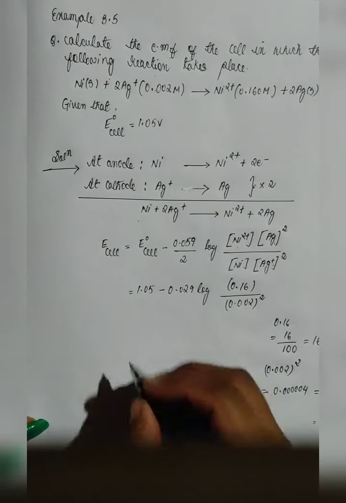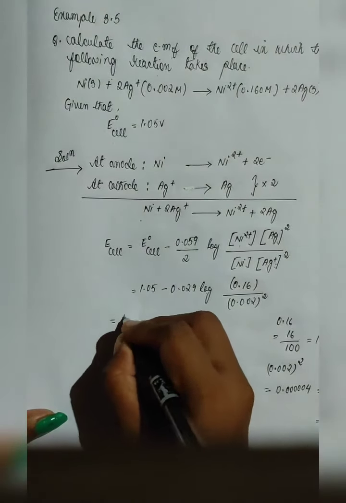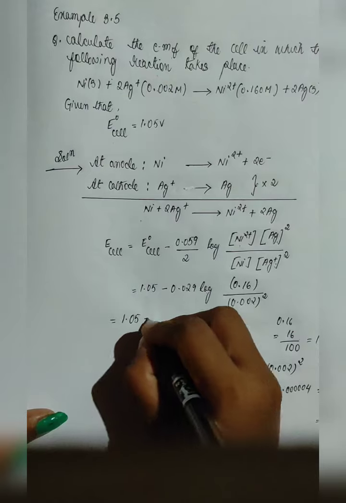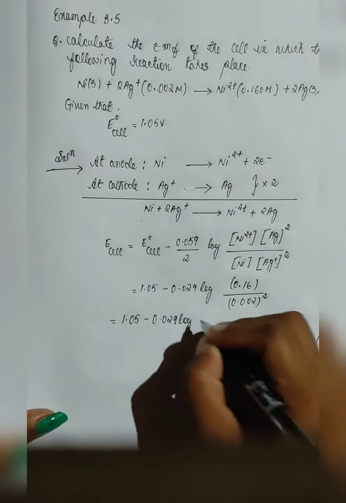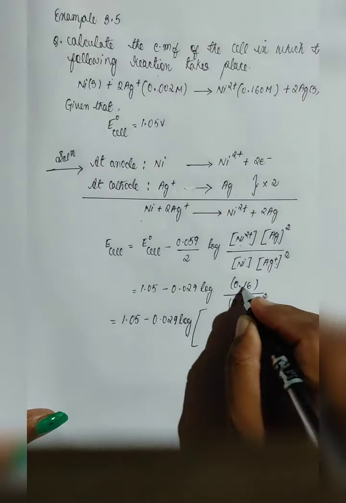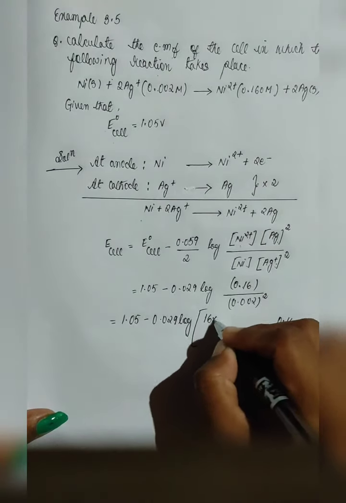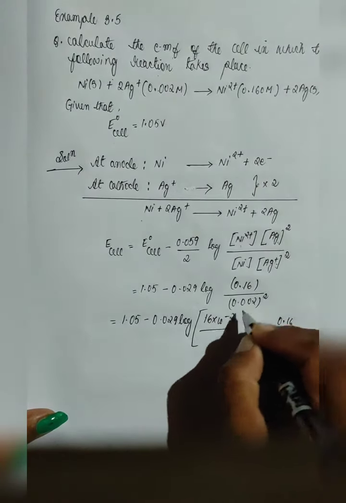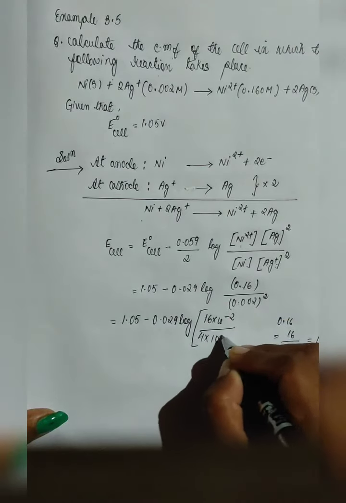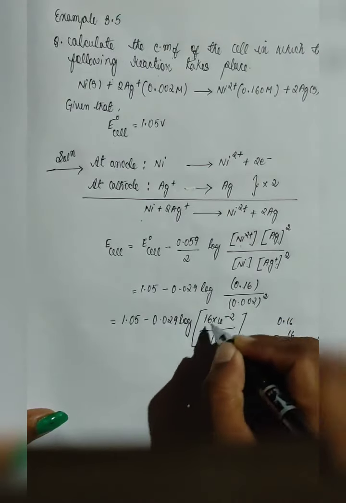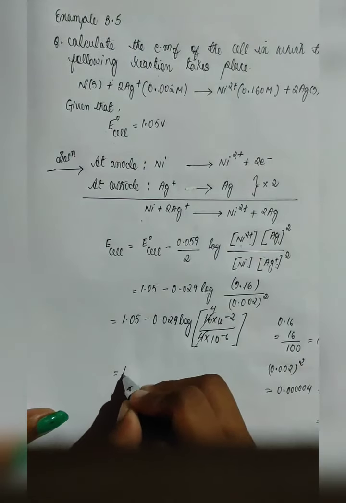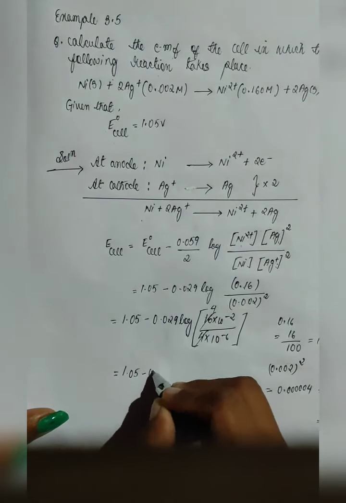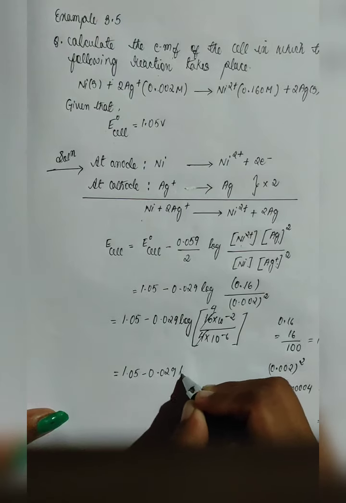Now let us do our calculation. That is 1.05 minus 0.029 log. This one we got as 16 into 10 to the power minus 2 over 4 into 10 to the power minus 6. Now here 4 fours are 16. We can do it in this manner. So 1.05 minus 0.029 log.